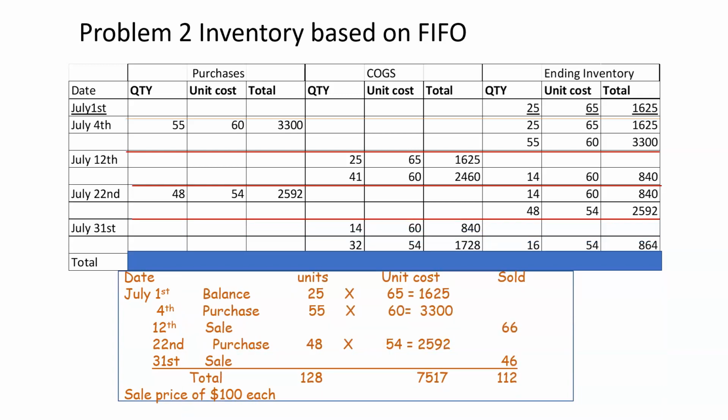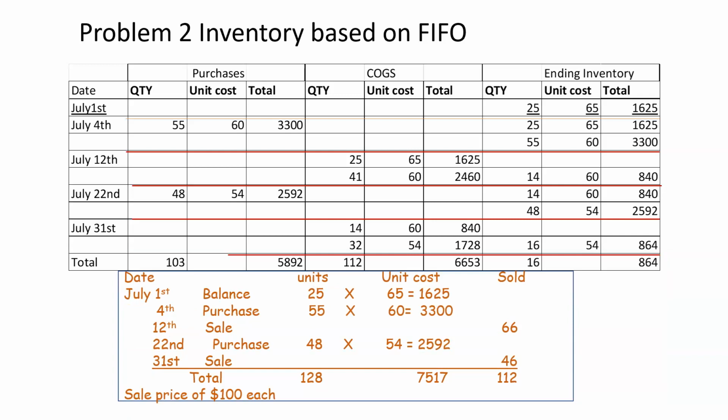And now we sold another 46. So we're going to take 14 at $60 because that's the ones we have left at the old price. And we're going to take 32 at 54. So in this example, our cost of goods sold total is $66.53 and our ending inventory is $864.